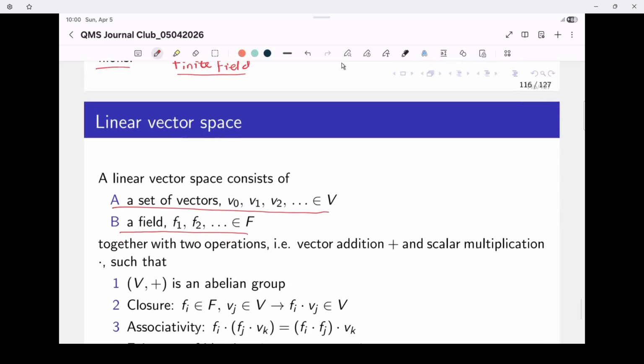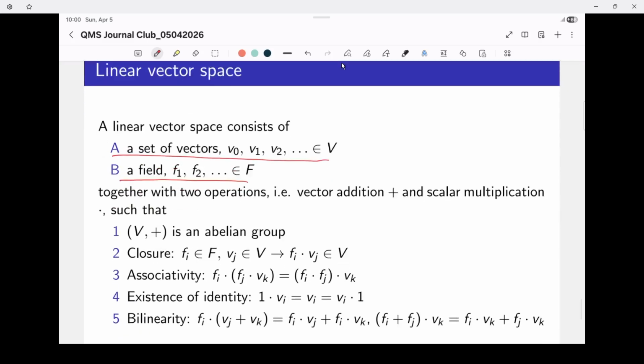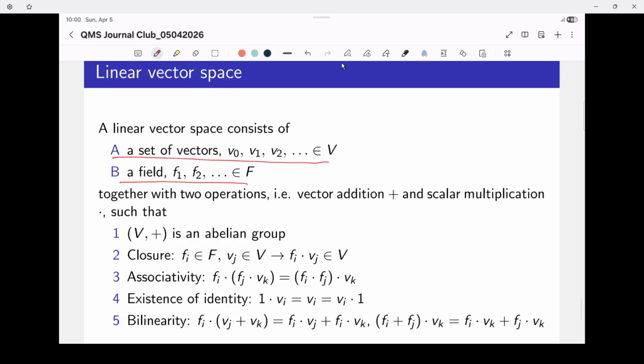So how are you going to match these two sets with each other? You have two operations. The first one is what we call vector addition. The second one will be your scalar multiplication. For the set of vectors, under vector addition, this is an abelian group.